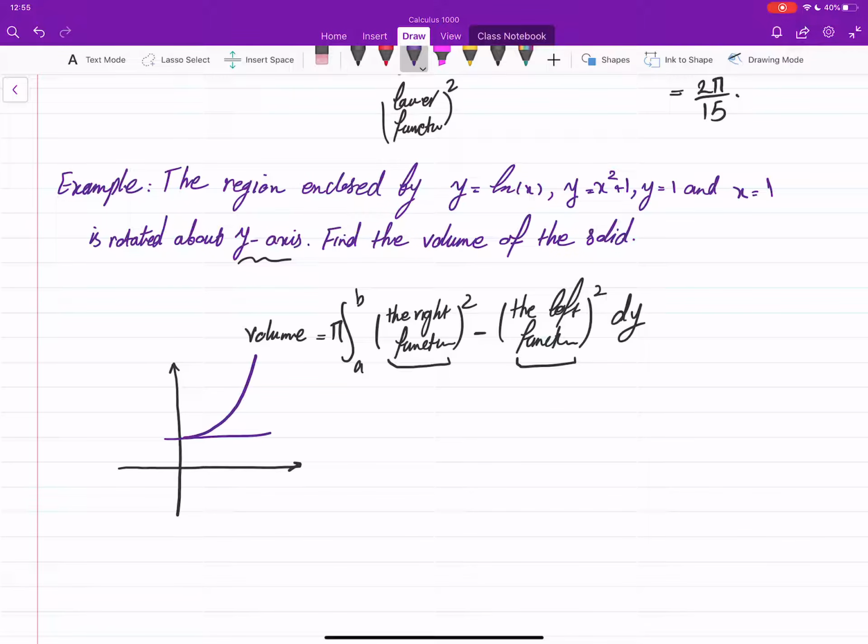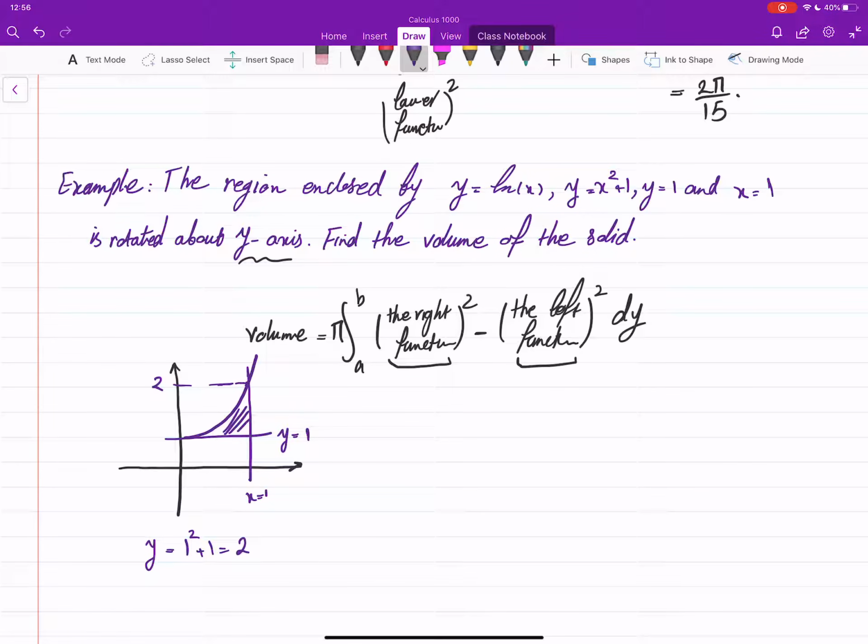And this is x equal to 1. So the region is this guy here. Y equal to 1. And what would be the other point of intersection here? Well, x equal to 1, you plug in there, so y equals 1 squared plus 1. This is equal to 2. So this guy here is going to be 2.